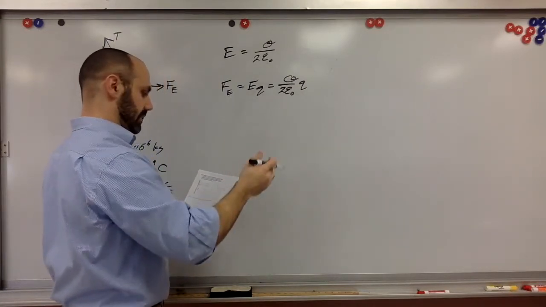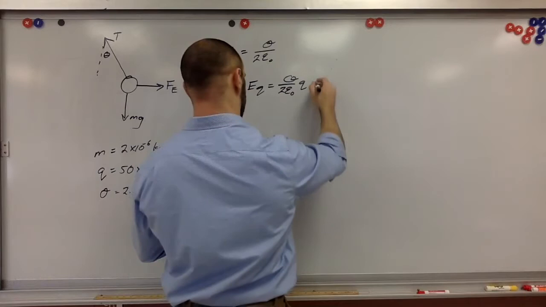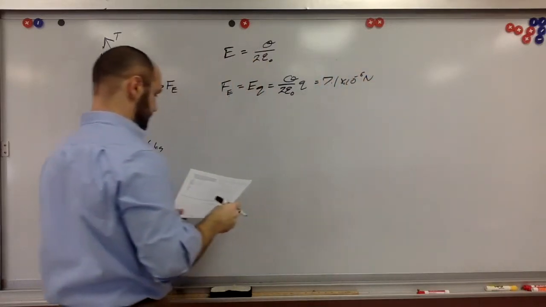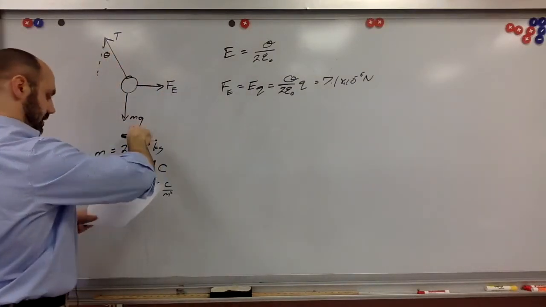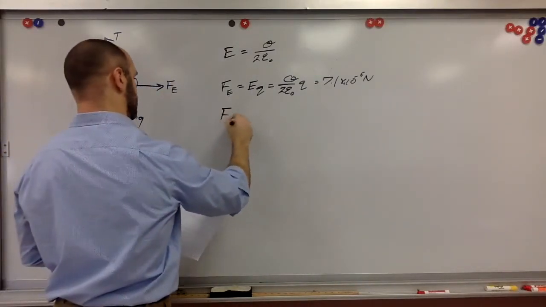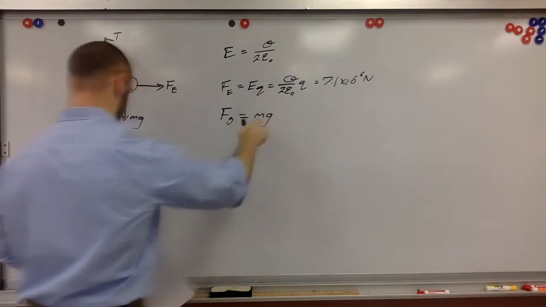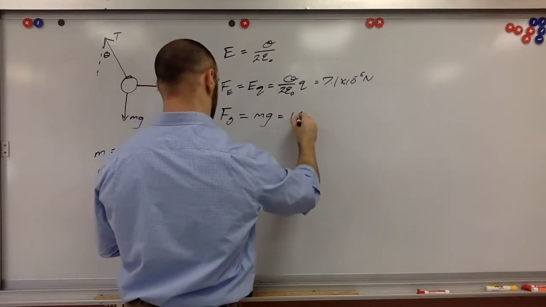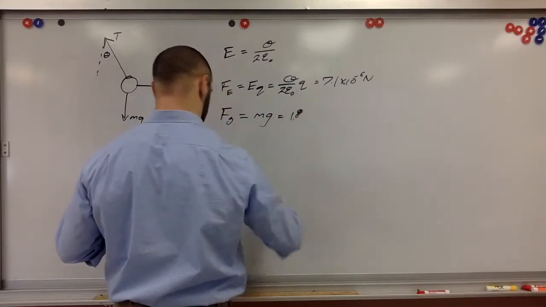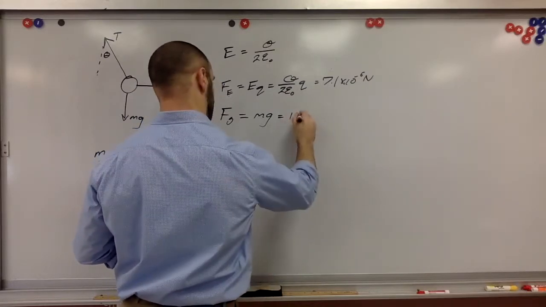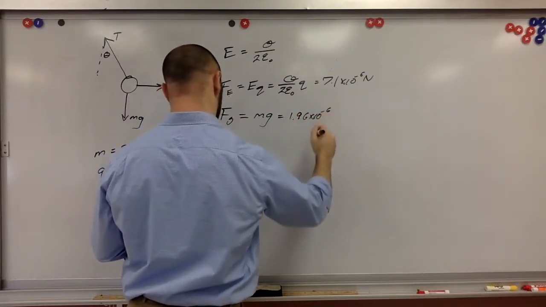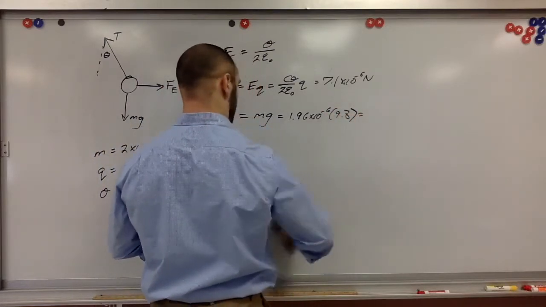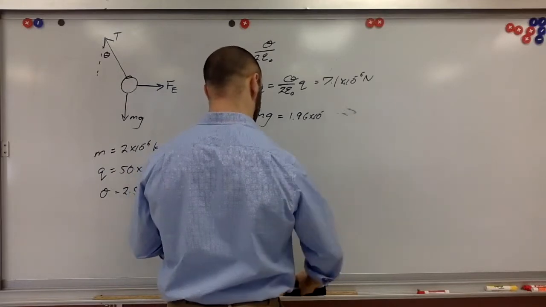If we plug those numbers in, we end up with 7.1 times 10 to the negative 6th newtons. Okay, then I can find the force of gravity, Fg, just mg. So this mass times 9.8 gives 1.96 times 10 to the negative 5th newtons.